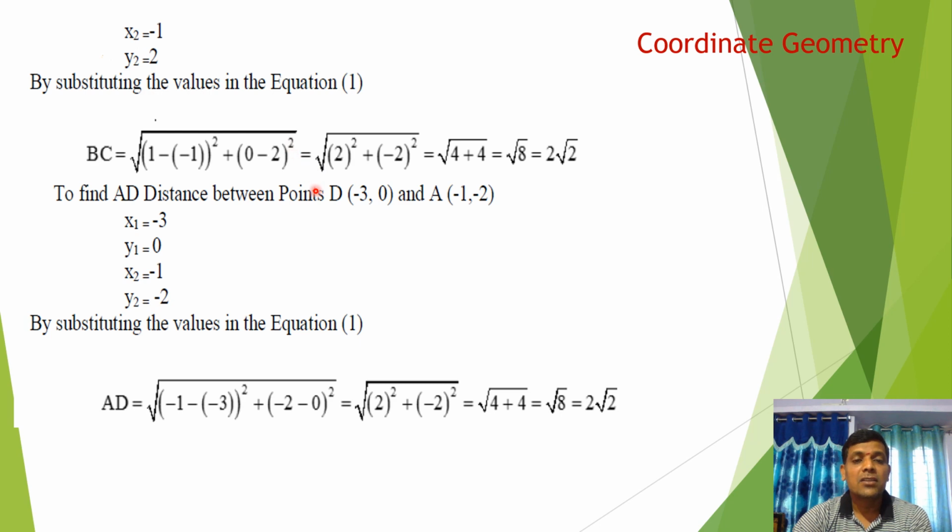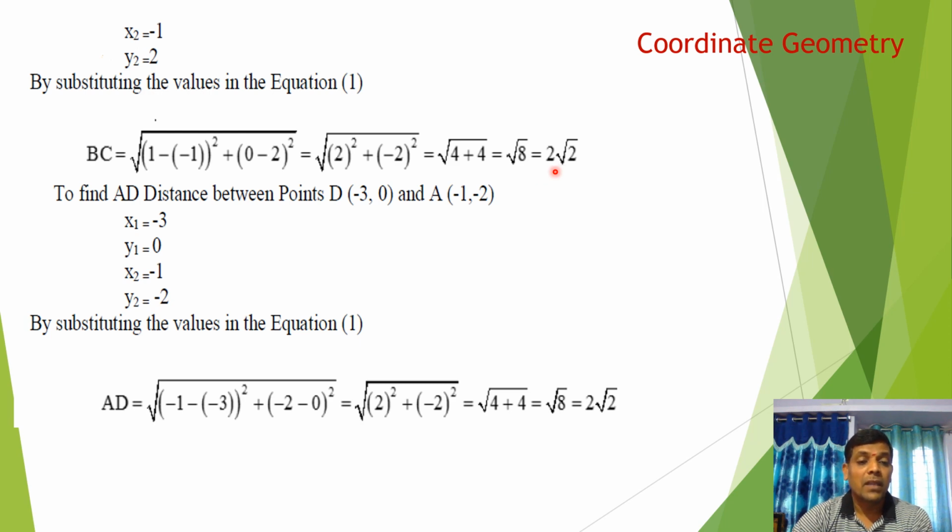This is written as square root of 2 square plus (-2) square. 2 square means 2 into 2, which is 4, and (-2) square means -2 into -2, which is 4. This is written as square root of 4 plus 4, which is root 8. Root 8 is written as 2 root 2.